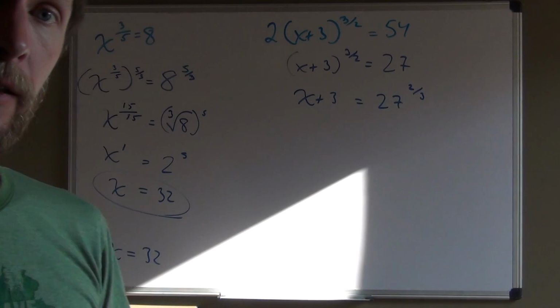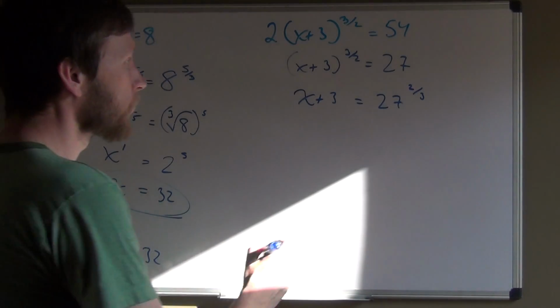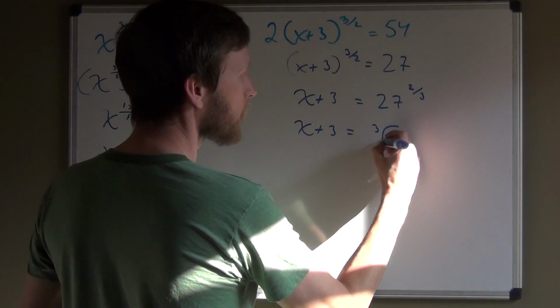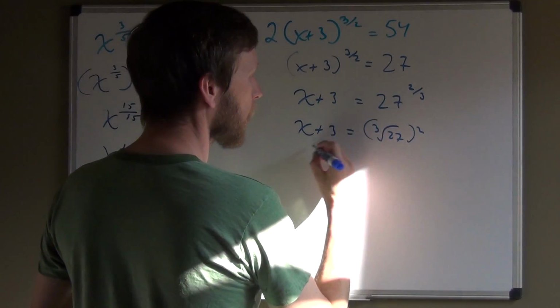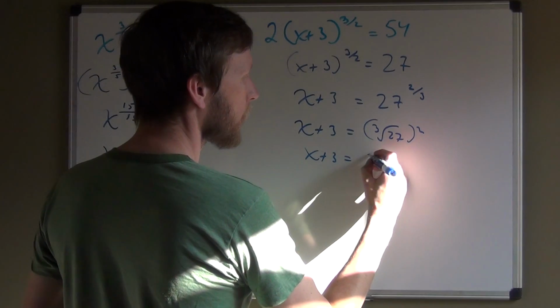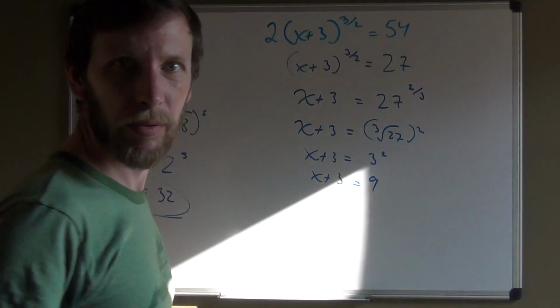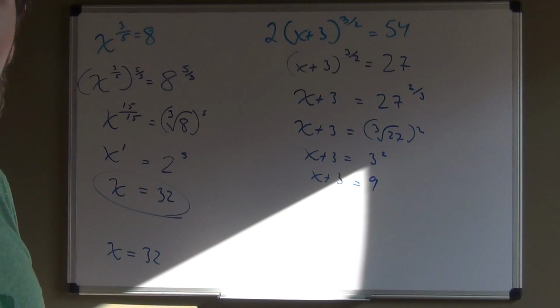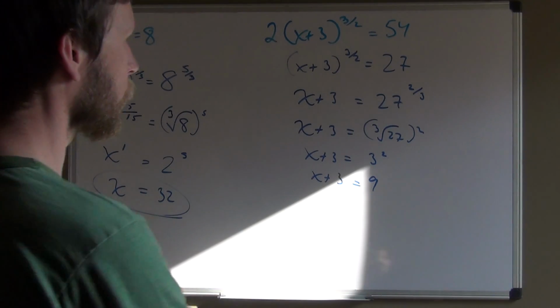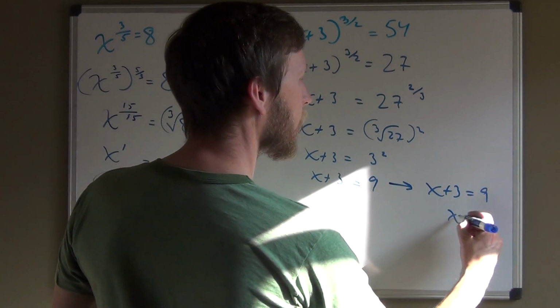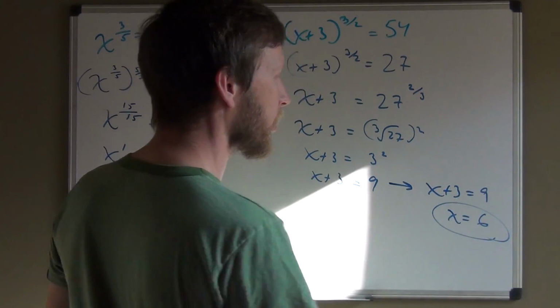I'm taking a cube root on both sides, so I don't need to have the plus or minus. Think about what we did in the very first lesson of this new chapter. So I have the cube root of 27 squared. And so x plus 3 is equal to 9. If x plus 3 equals 9, then x equals 6.